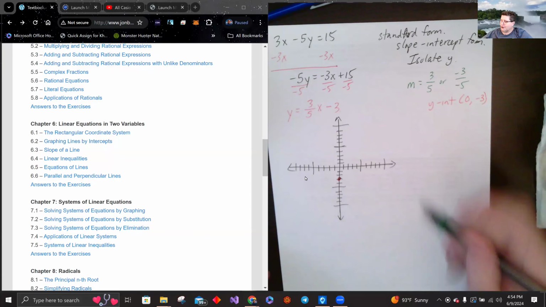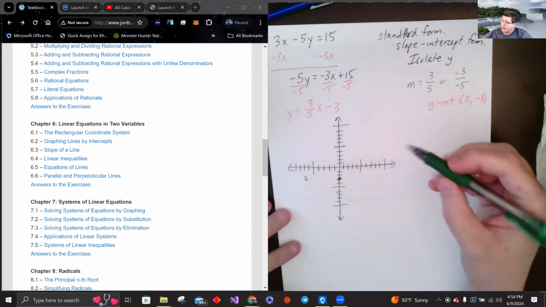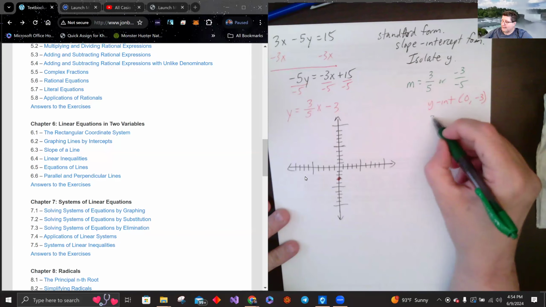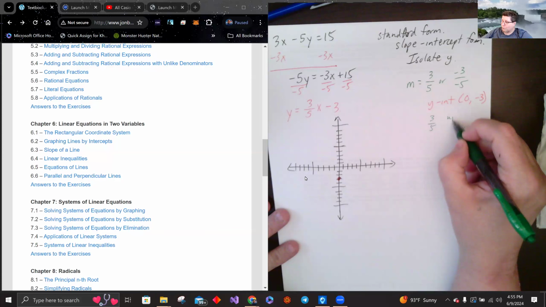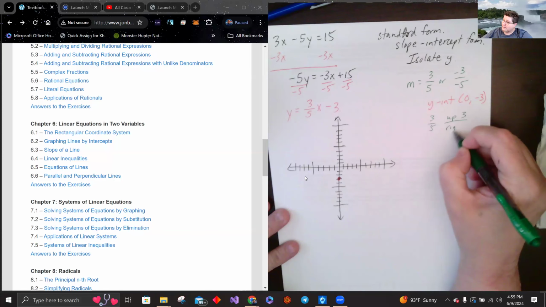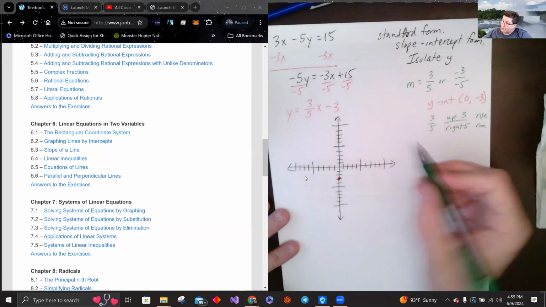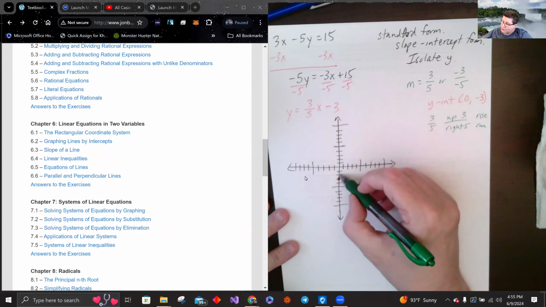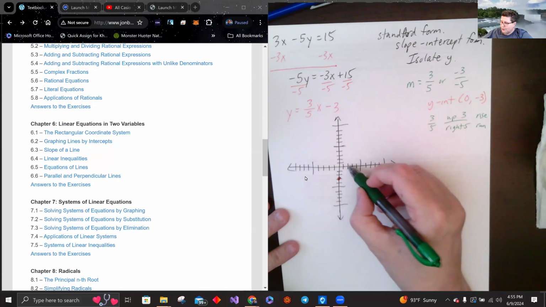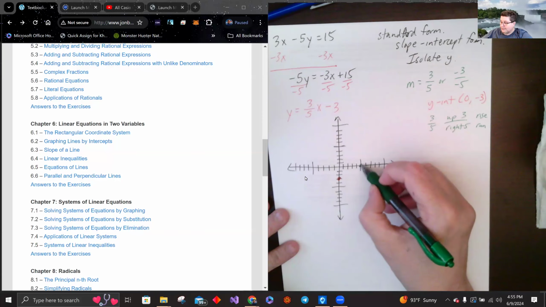I am then going to go 3/5, which is up 3, right 5, which is rise 3 and run 5. So up 3, right 5, 1, 2, 3, 1, 2, 3, 4, 5 puts me right there.